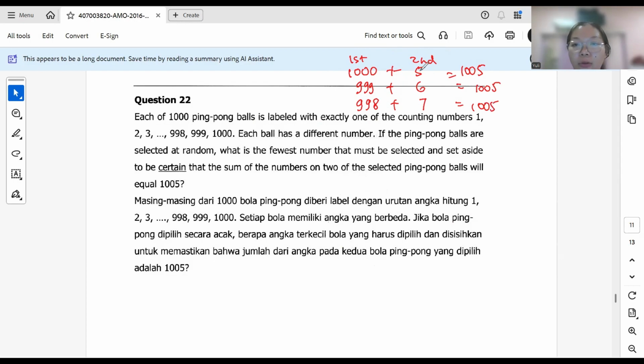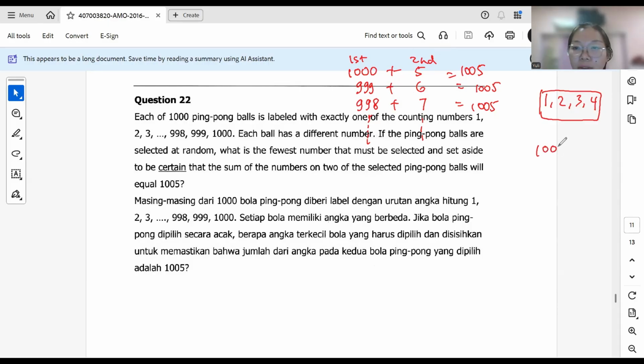Okay, if you notice, there are 4 numbers that cannot pair with anything, because this is the smallest, it's 5. So the balls with the numbers 1, 2, 3, 4 have no pairs at all, right? So there are 4 numbers that cannot have a pair.